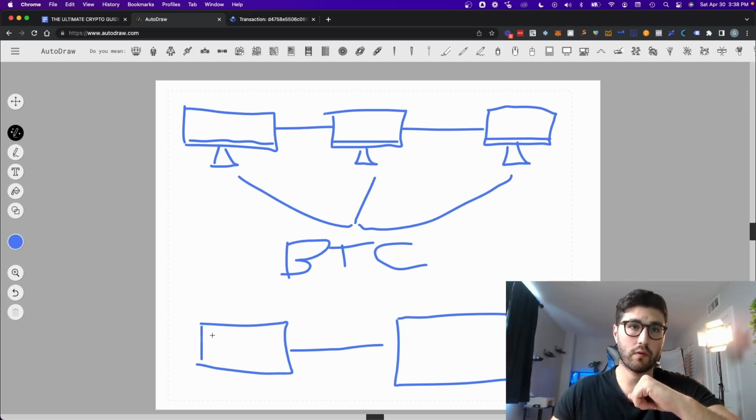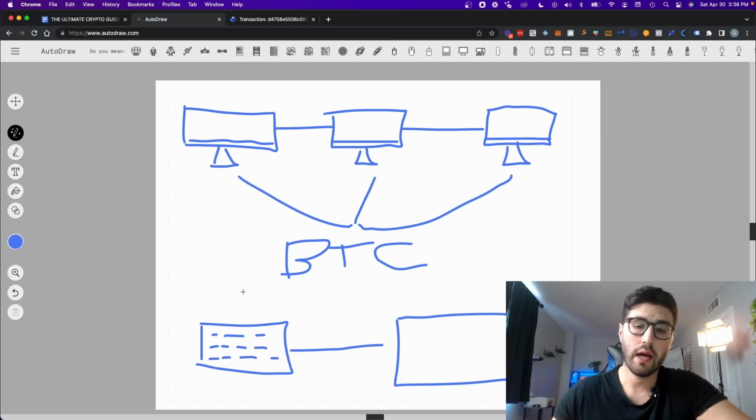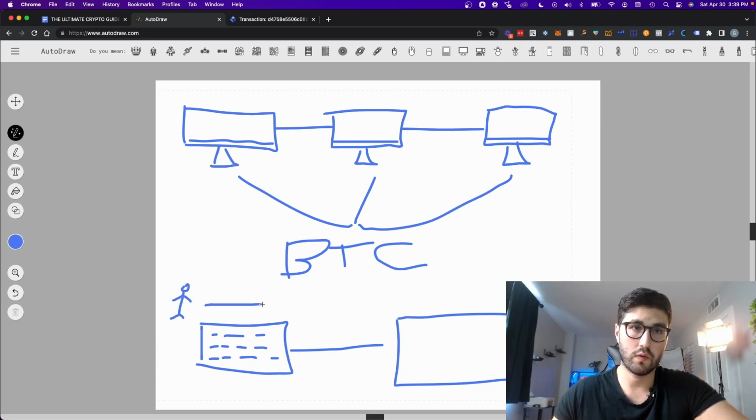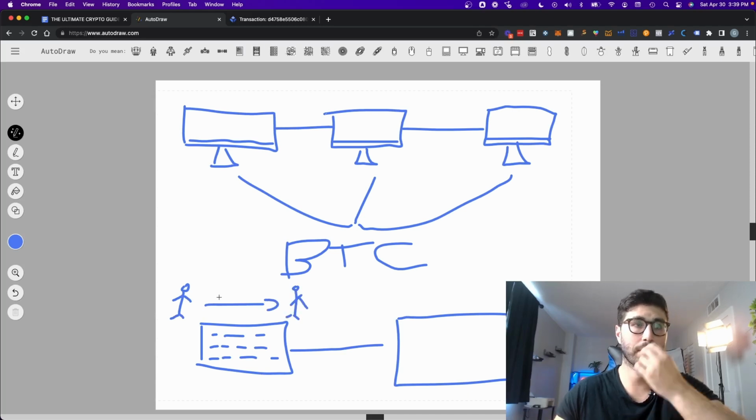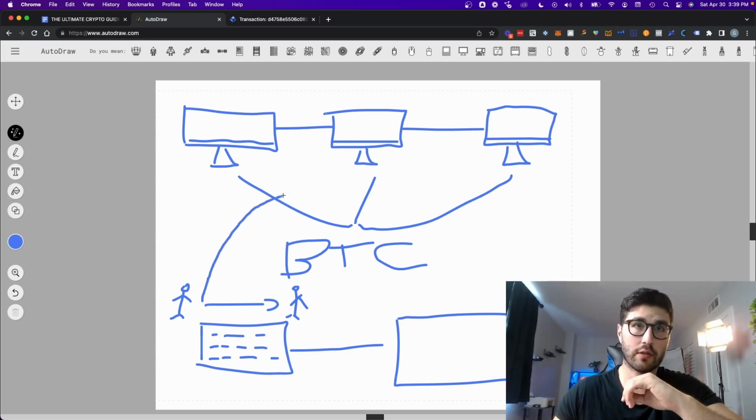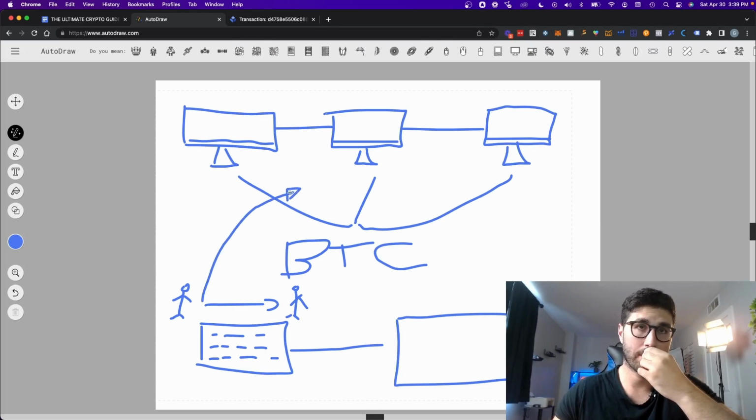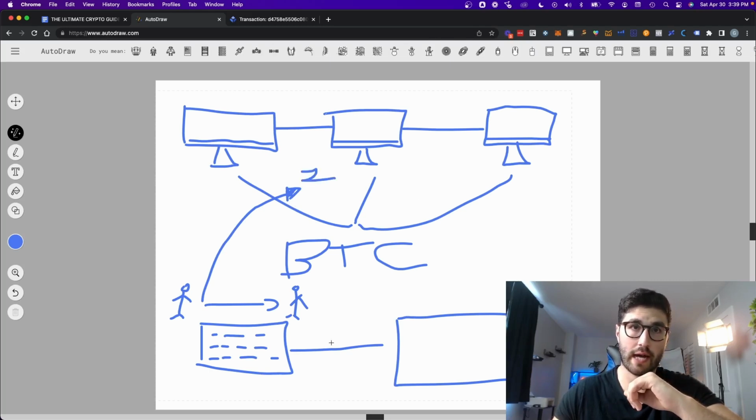So in order for this block to be created and for these transactions to take place, let's say that it's myself that wants to send money to another person right here, okay? Once I initiate the transaction, the network receives the information that I want to send 1 Bitcoin to Jack, okay?